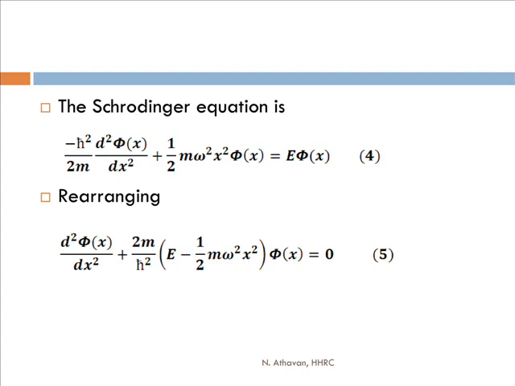This equation is not comfortable, so we have to rearrange it. While rearranging, we get d square phi by dx square plus 2m by h cross square multiplied by E minus half m omega square x square into phi is equal to 0.